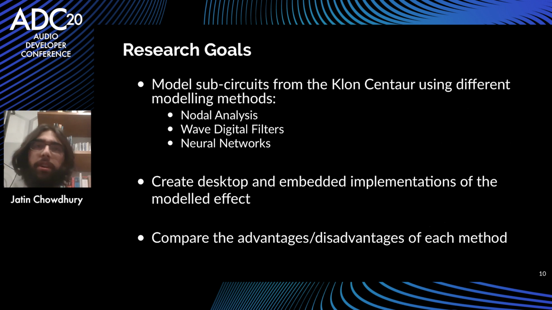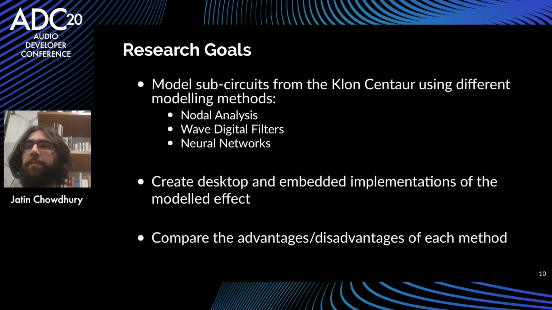So when I started working on this project, my goal was to create a digital model of the Klon Centaur using different circuit modeling methods for different subcircuits from the pedal. So something that I've noticed in the academic world is that people get very fixated on one circuit modeling method, and that tends to be their main area of study. And this can be good for developing these methods and improving the circuit modeling methods that we have.